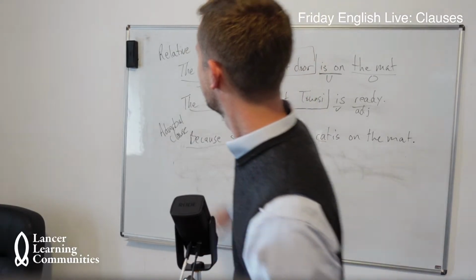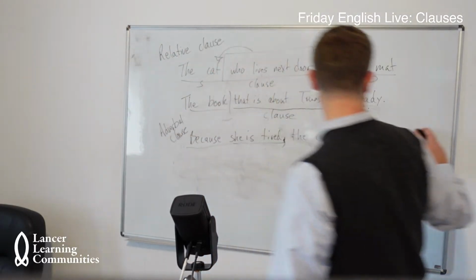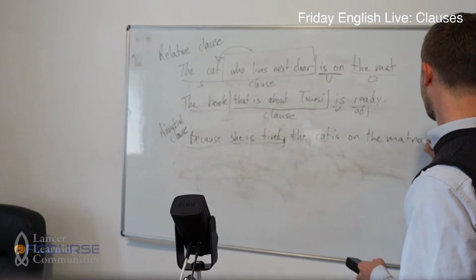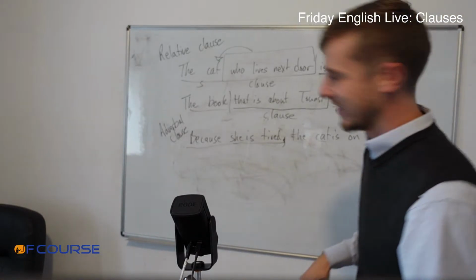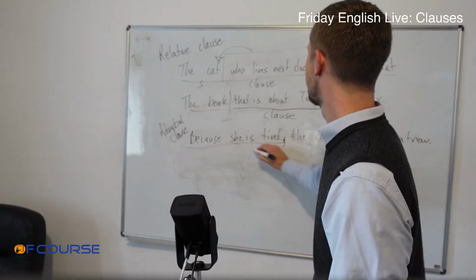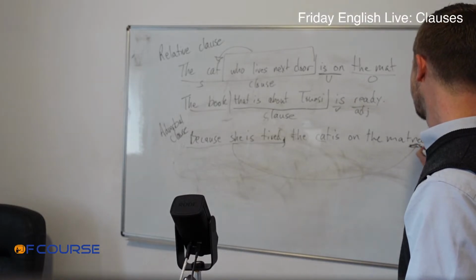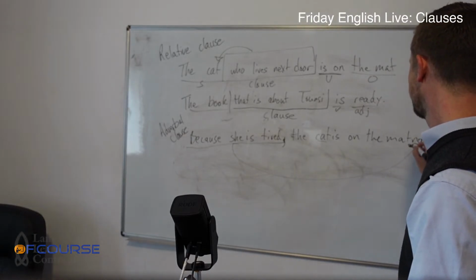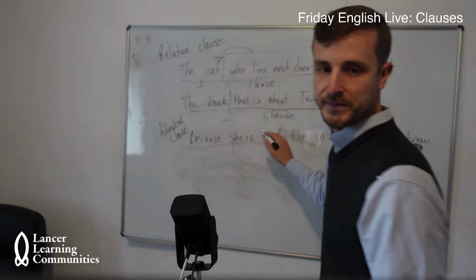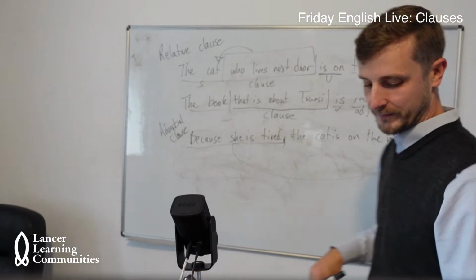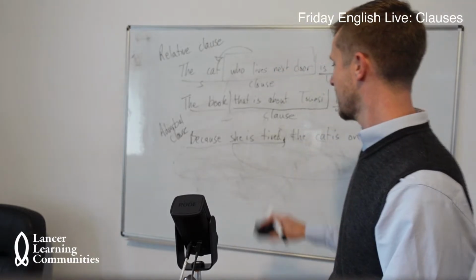Let me do something clear. Because she is tired, that is the adverbial clause right there. Because she is tired, the cat is on the mat now. All right. Let's add another adverbial clause.